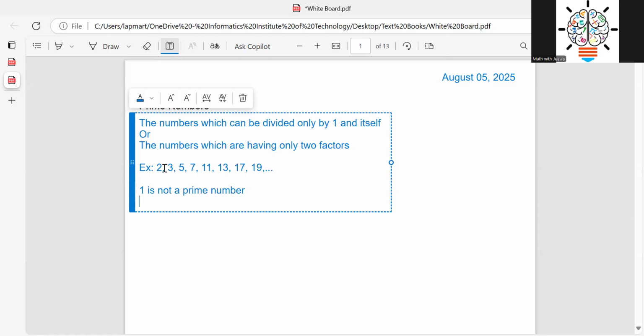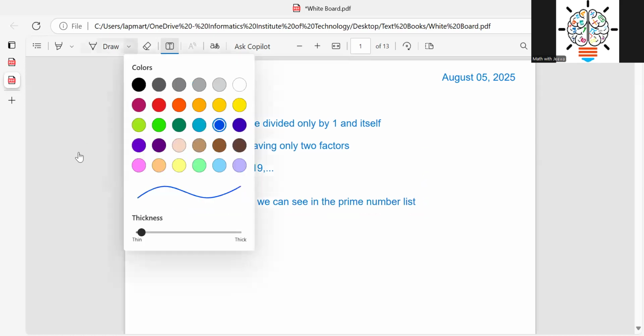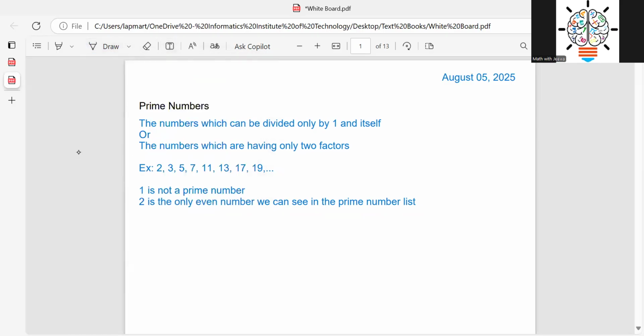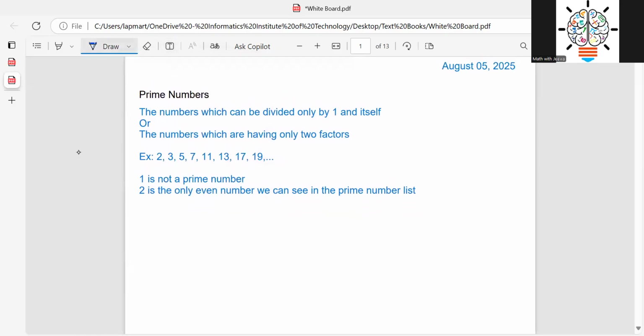Now I will tell you what this exactly means. If you take number 2, you can divide 2 by 1, and you can divide 2 by 2. That's it. If you take 3, you can divide 3 by 1 and itself, 3 by 3.